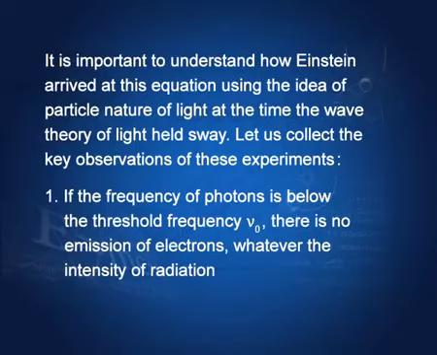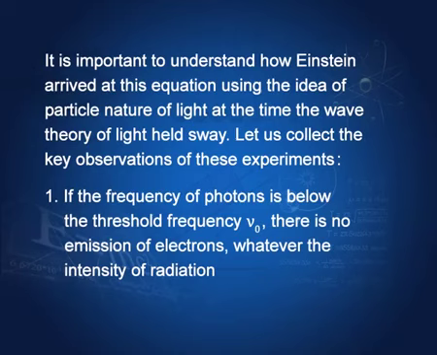At that time, Einstein was bold enough to say no, photons are actually bundles of energy h nu. This wave nature of light is not able to explain the photoelectric effect. So, to arrive at this equation, let us collect the key observations of all the experiments that we have done.